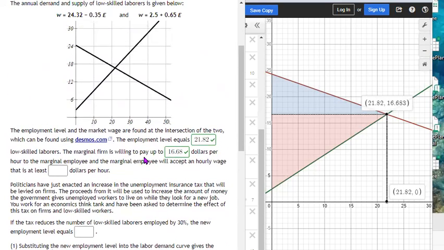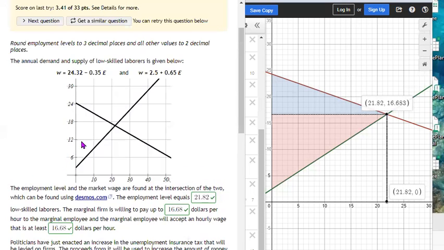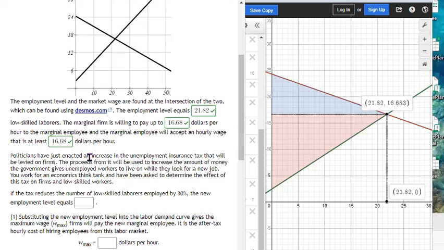Now that last worker hired is the marginal employee. Why? Because when you plug this employment level, 21.82, into the labor supply equation, you get a reservation wage of 16.68, which happens to be equal to the market wage, 16.68. So the marginal employee has zero worker surplus because they're indifferent between working or not working, since they're getting paid the market wage, and that's the lowest wage they'd be willing to do the job for.